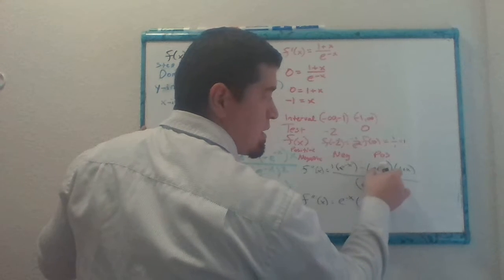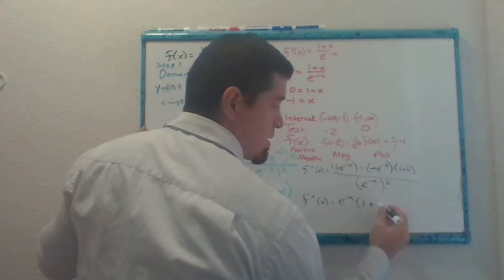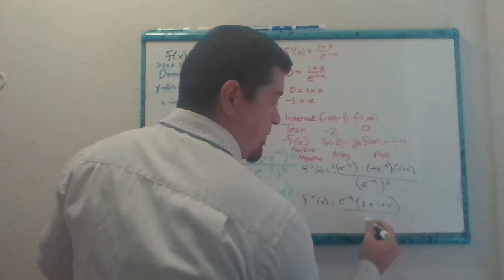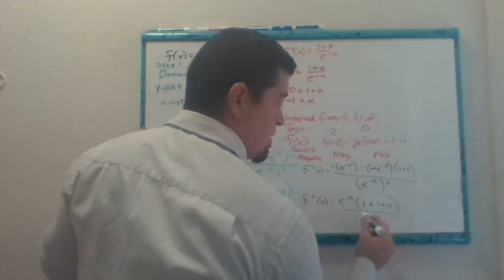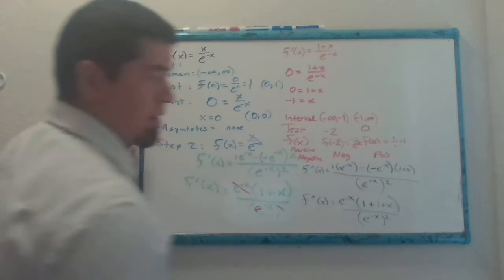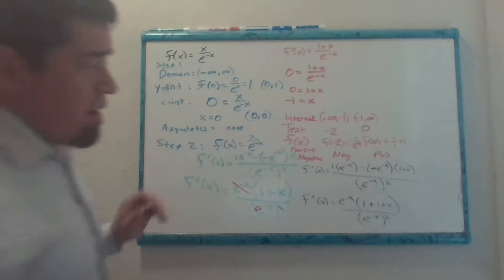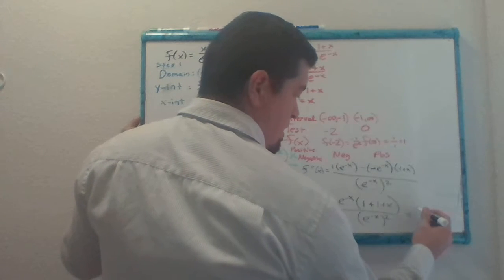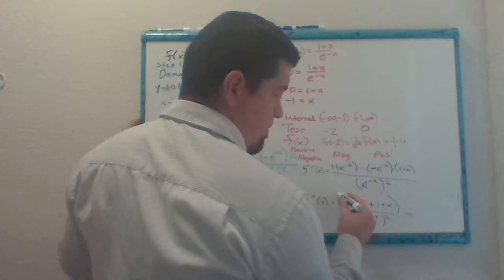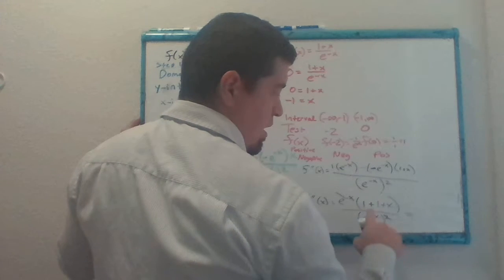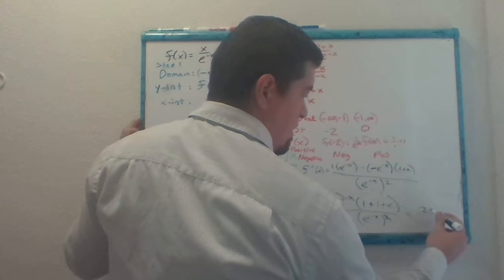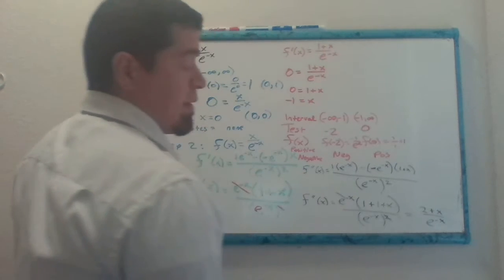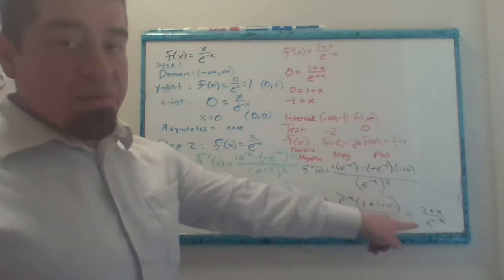This time if I factor e to the negative x out of here, I'm left with 1 plus x, and I'm left with that over e to the negative x squared. From here I can simplify this, and one of these e to the negative x factors goes away. This is going to be 2 plus x over e to the negative x. So that's my second derivative.